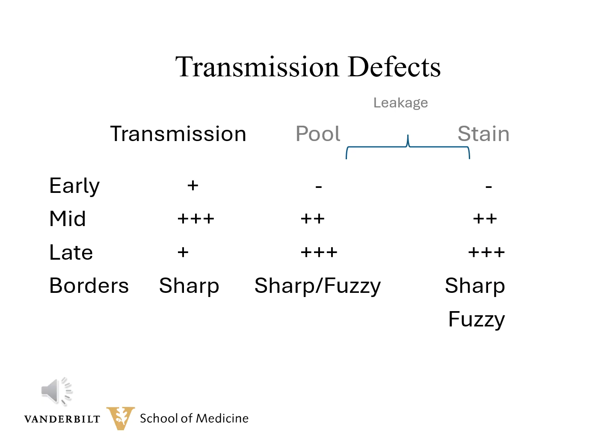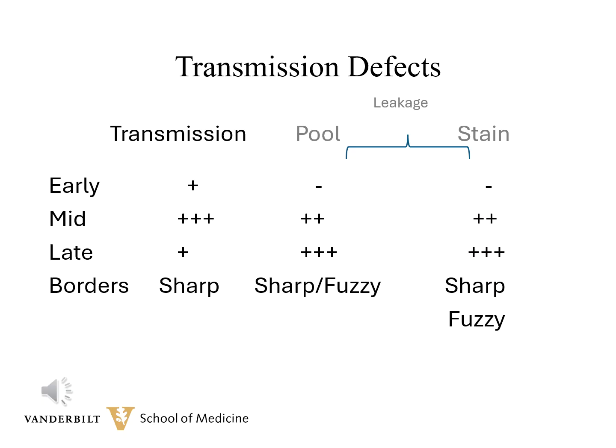Before we begin on the different disease entities, let us review a chart comparing the fluorescent patterns of transmission defects and leakage. The transmission defects, or window defect, begin early as there's no pigment epithelium to block the choroidal flush. So the early phase has 1 plus mark.